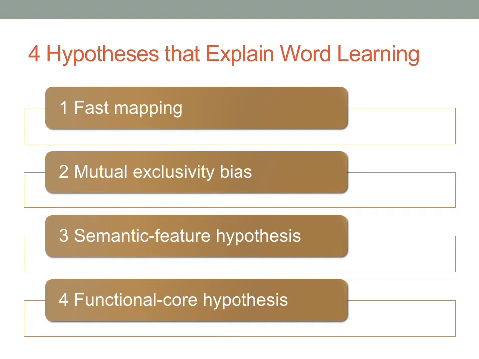And they also are likely using the mutual exclusivity bias, where when they are introduced to new words, they're looking in their environment for what they don't have a name for yet, those nameless objects or actions. So these four hypotheses really work together, and we know that they contribute in different ways at different times in children's development.